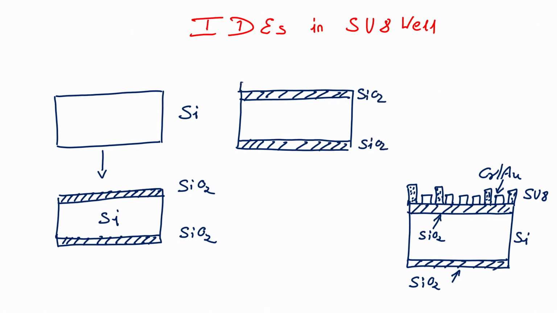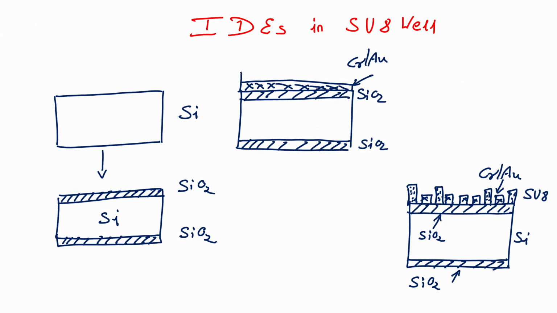We will deposit a metal. How? By using PVD, physical vapor deposition, either E-beam or thermal.